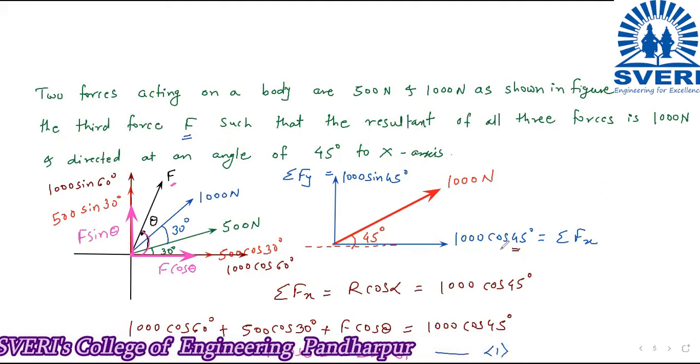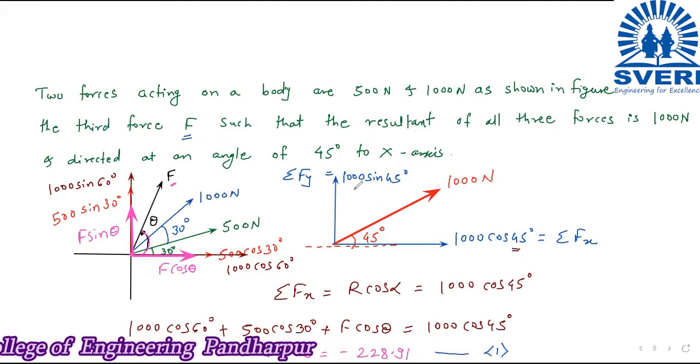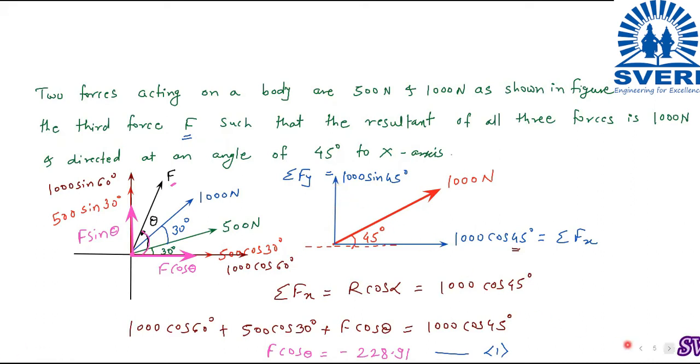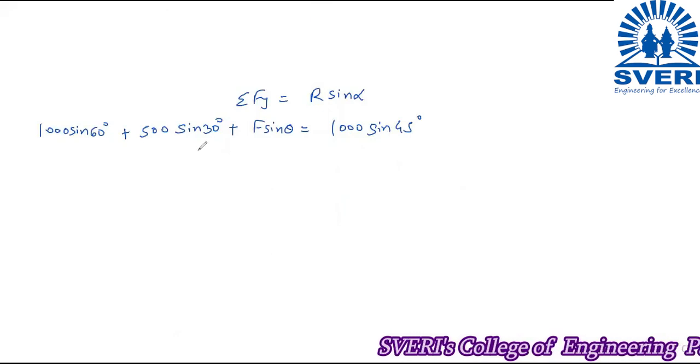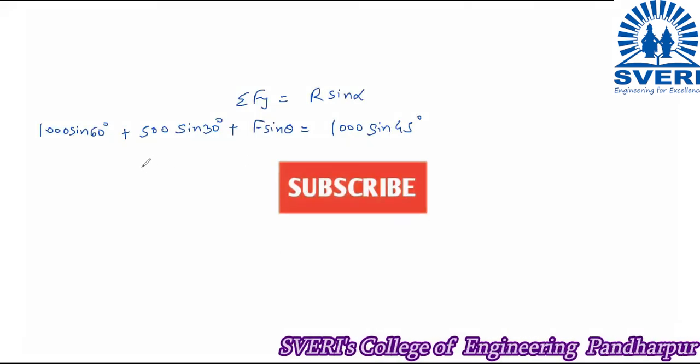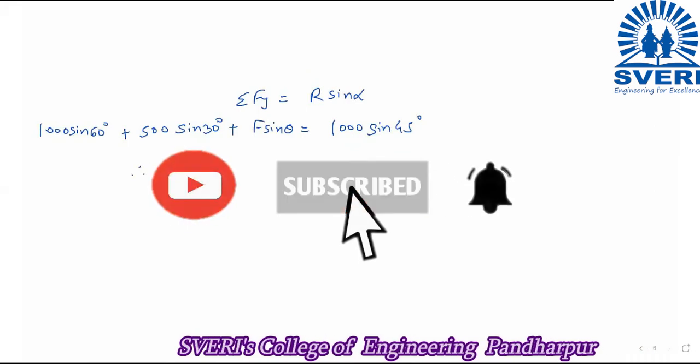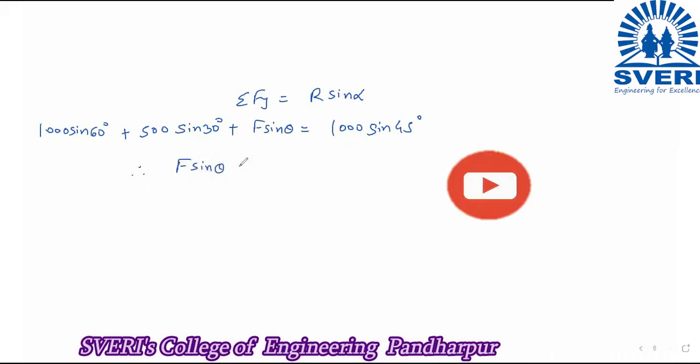So this is the y component. This is moving upward. Here you can see this component is upward like this. So here it is plus. Now keep F sin theta on the left hand side and transfer all the terms to the right hand side. So therefore F sin theta is equal to, let me know the value.